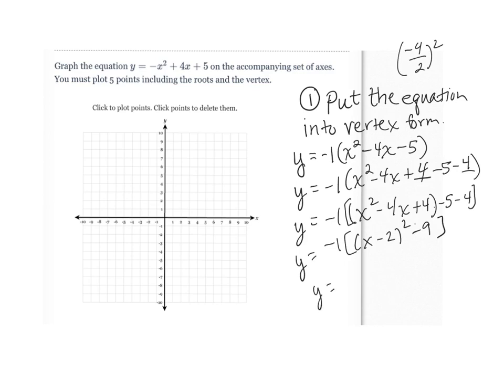Then we're just going to take that negative 1 and distribute it to each part.